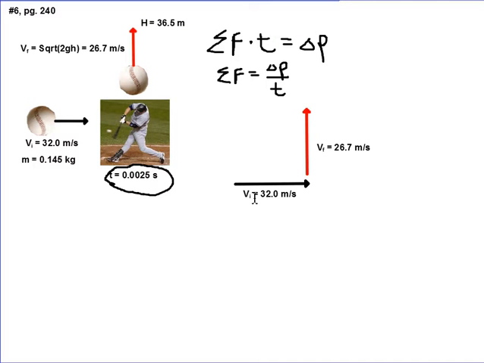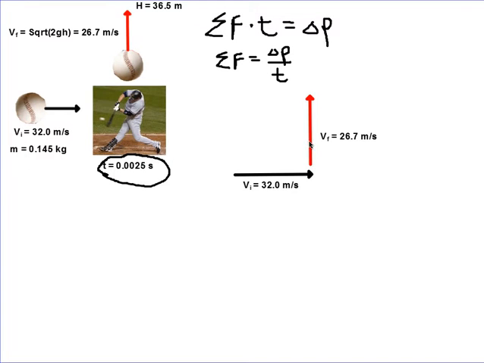Again, the initial velocity is 32 meters per second and the final velocity is 26.7 meters per second. What we'd like to do now is determine the magnitude of the change in momentum, or we can just determine the magnitude of the change in velocity. To do that, we take the initial velocity and point it the other way, making it a negative v initial, and then add it to the final velocity.